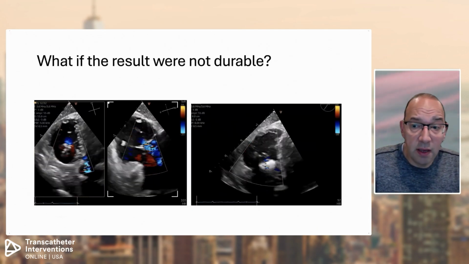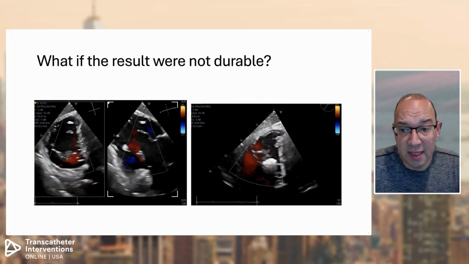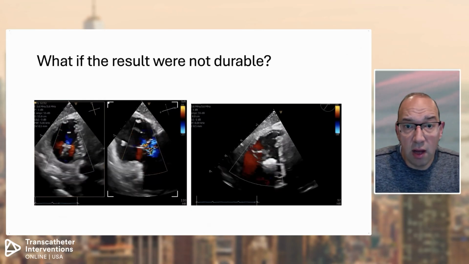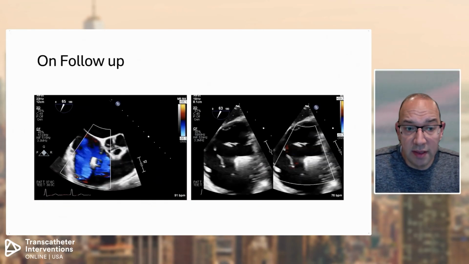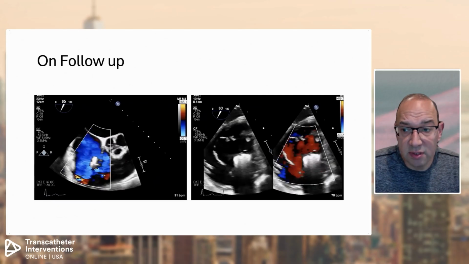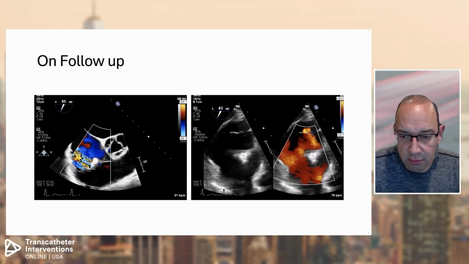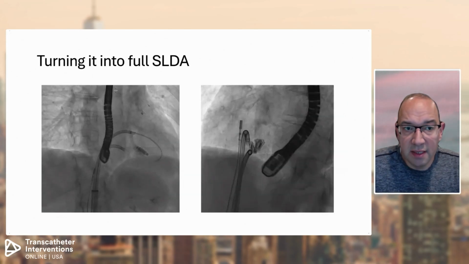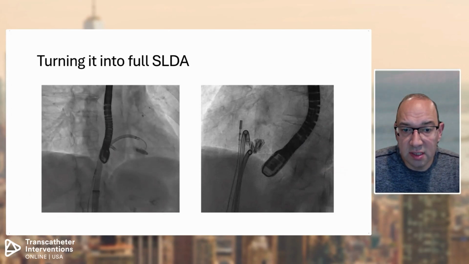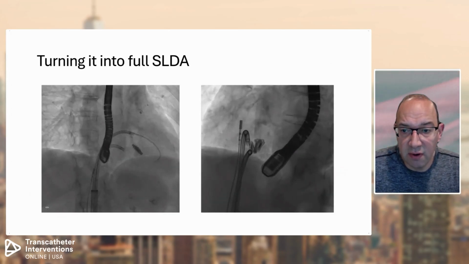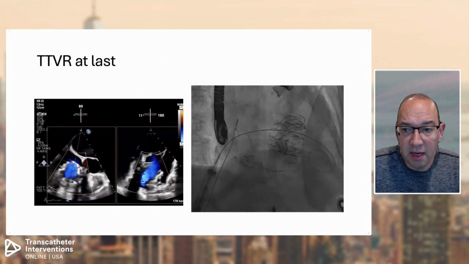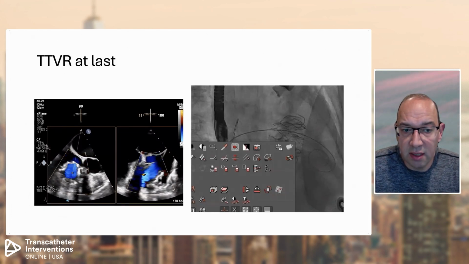And finally, what would happen if we got great results, like in this case, however in follow-up, the results were not durable? This is a patient who, a few months after TEER, had recurrent residual TR. In this case, we turned this device into a single leaflet device by lacerating it from lateral, and we went ahead and deployed the TEO device.